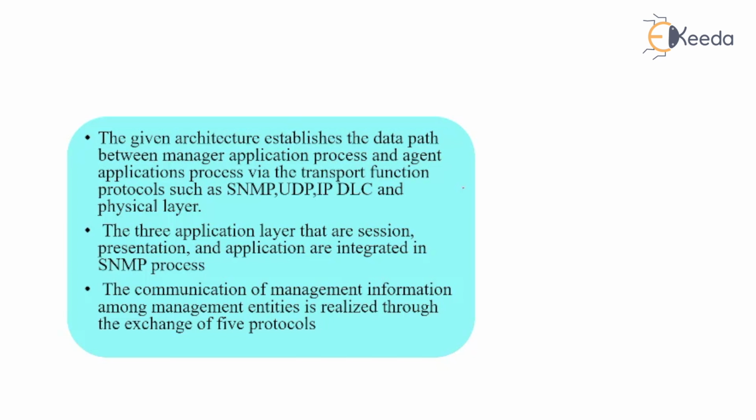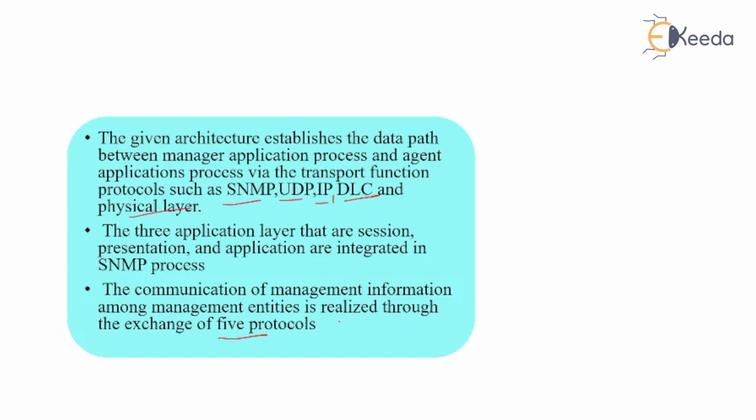The communication of management information among the management entities is realized through the exchange of the 5 protocols. So what are these 5 protocols? That are nothing but SNMP, UDP, IP, after that DLC and physical layer. Protocol means what? Rules and regulations to make your communication much more successful.